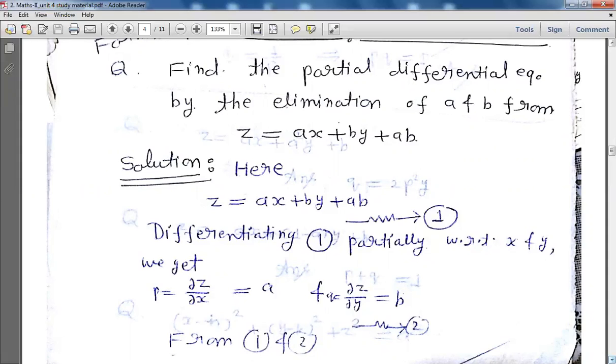We represent this result as p. Similarly, differentiating partially with respect to y, we get del z by del y equal to b, represented as q. Both results are represented by equation number 2.